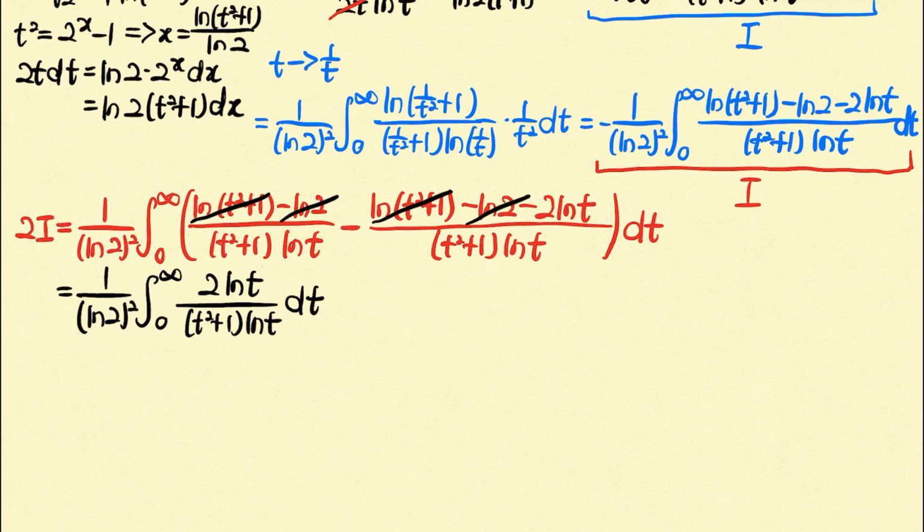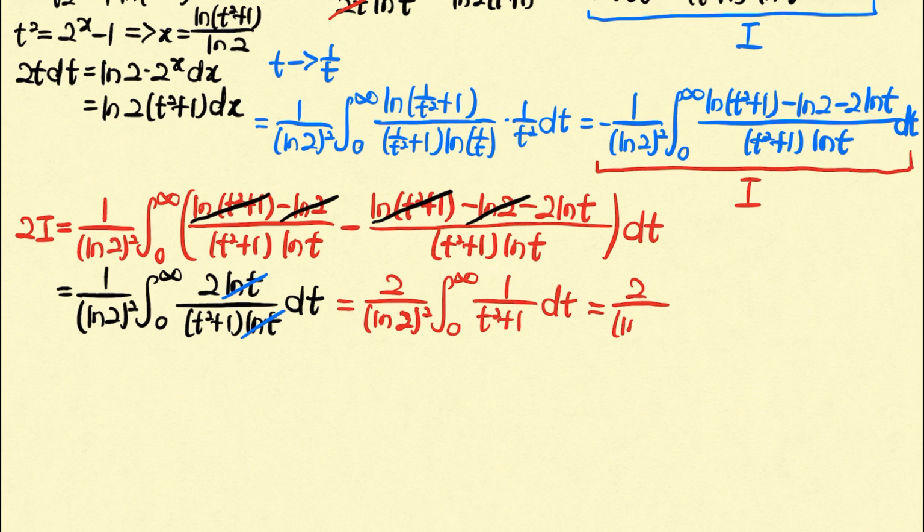And now the natural log of t cancels off, and then this integral is just 2 over natural log of 2, the whole thing squared, times the integral from 0 to infinity of 1 over (t squared plus 1) dt.